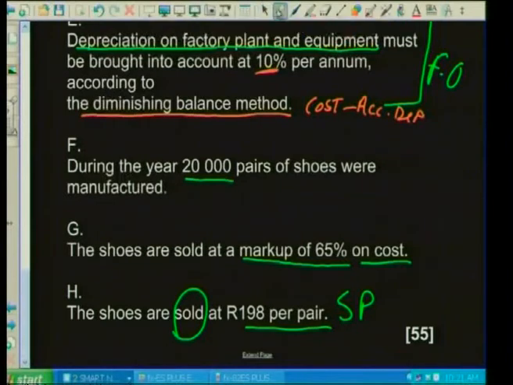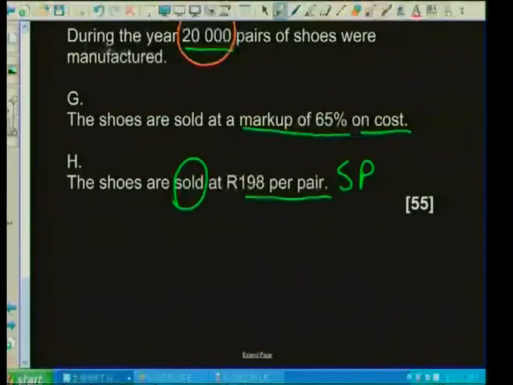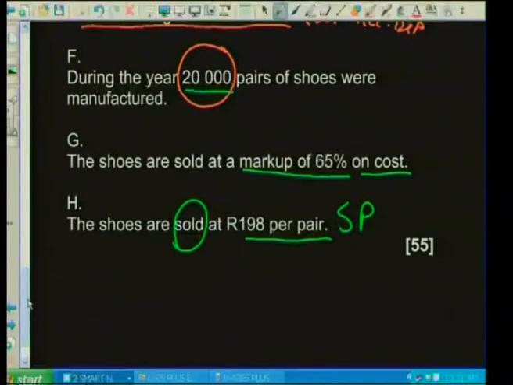So according to this info, we've manufactured 20,000 pairs of shoes. The shoes are sold at a markup of 65% on cost, and the shoes are sold at 198 Rand per pair. Right, so taking this information into account, how can I use this information?